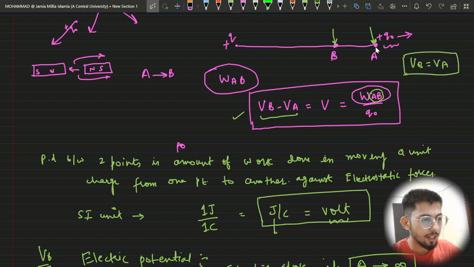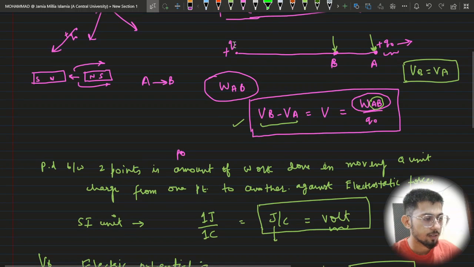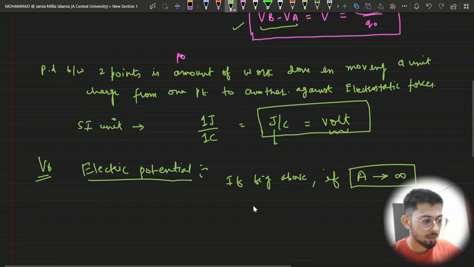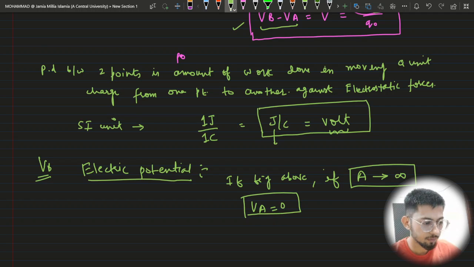There is some potential when there is an electric field, because the two are related. This charge has an electric field, but if we move this point A to infinity, then it would no longer be under the influence of this charge. So it will safely be 0. If A is moved to infinity, then VA would be 0.